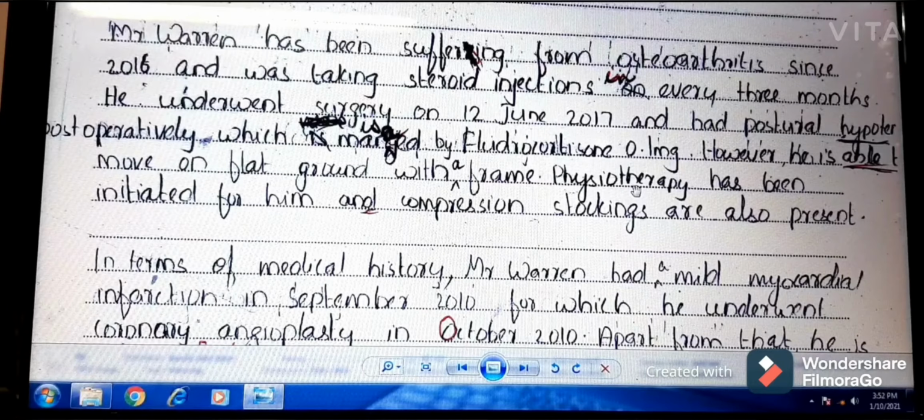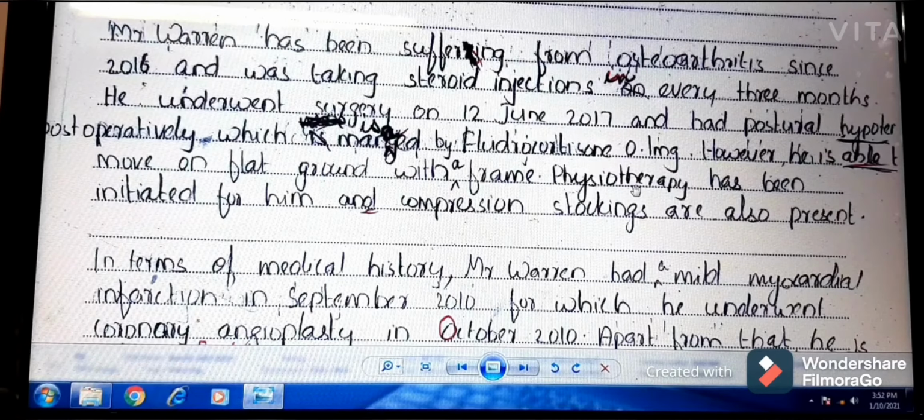He underwent a surgery on 12th June 2017. Here also there is a good grammar usage. Many people say he had undergone a surgery on 12th June 2017 or he has undergone a surgery on 12th June 2017. But both these usages are wrong.